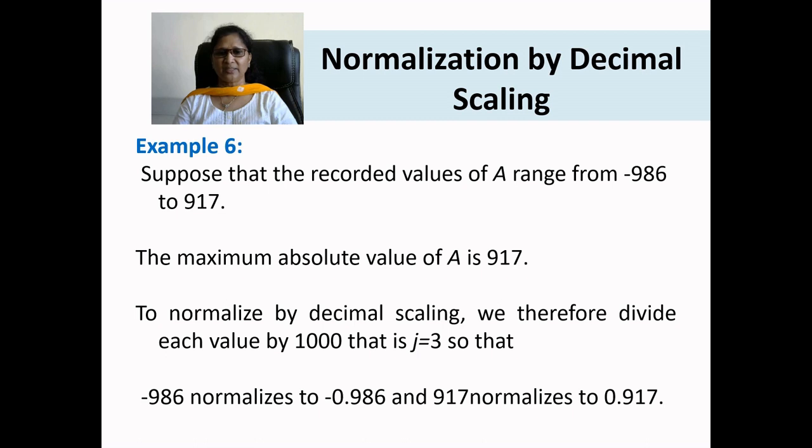So we will normalize it by dividing minus 986 by 10 raised to 3, and we will divide 917 by 10 raised to 3 and we'll get a new range as minus 0.986 to 0.917.